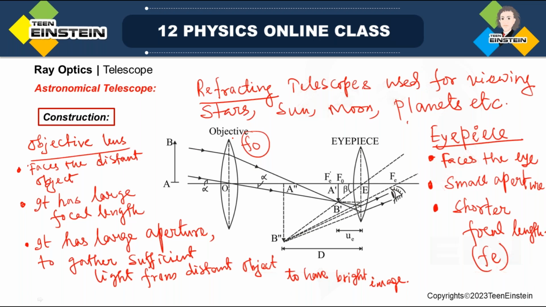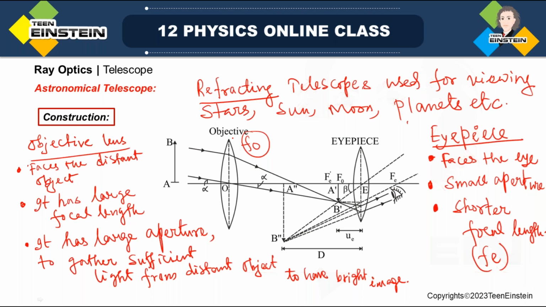We can set the telescope such that the final image is formed at the least distance of distinct vision, or the final image is formed at infinity.